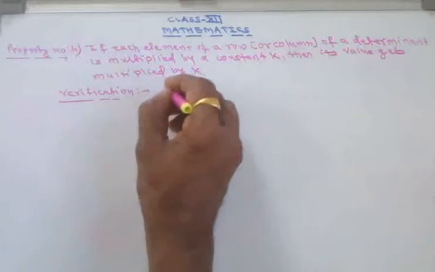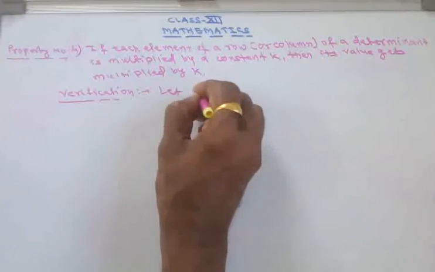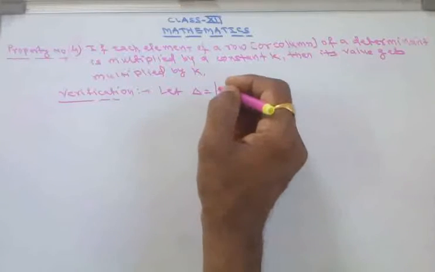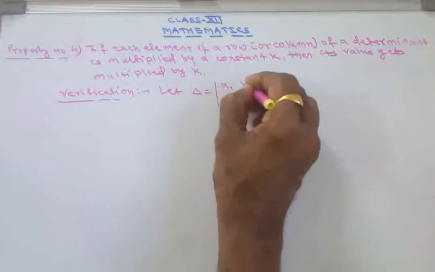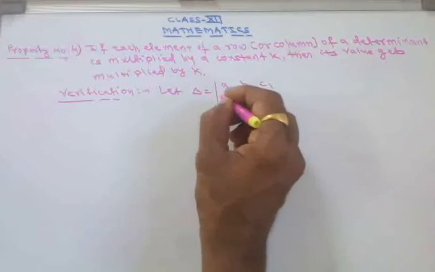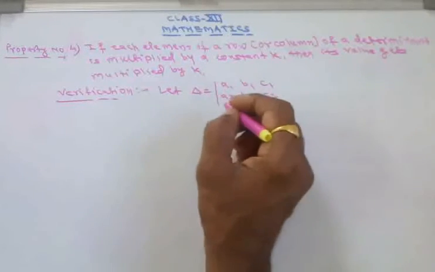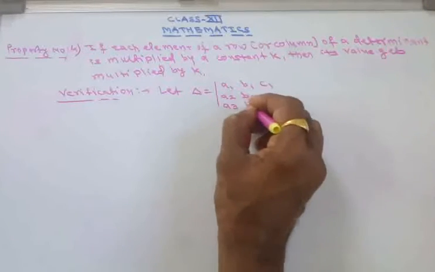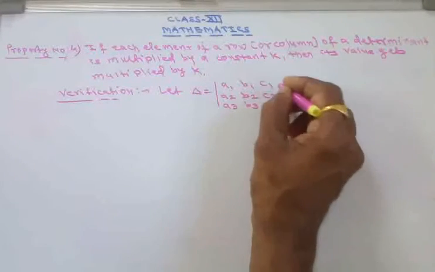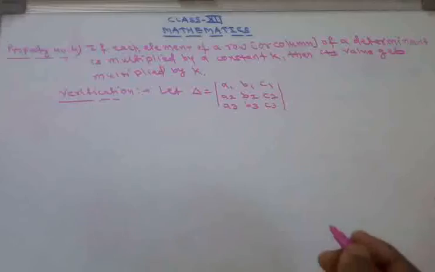See, let delta be equal to the determinant a1 b1 c1, a2 b2 c2, and a3 b3 c3. This is our given determinant.